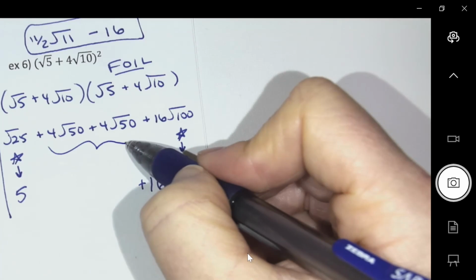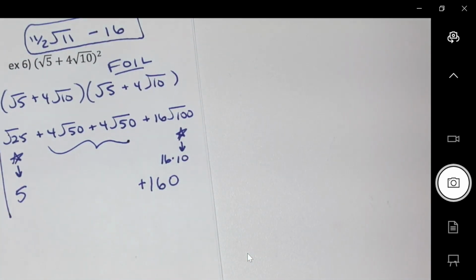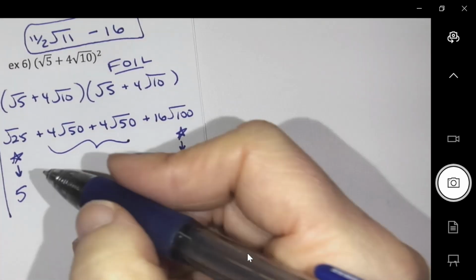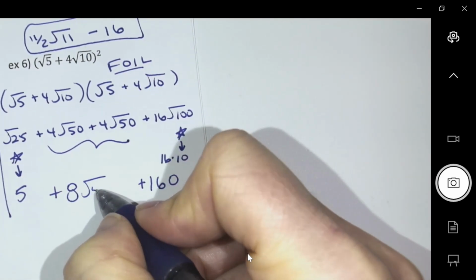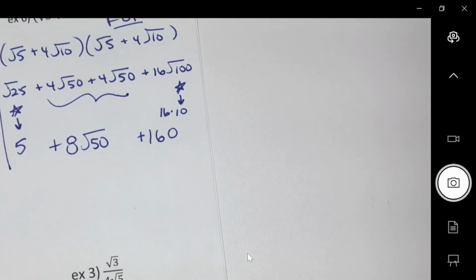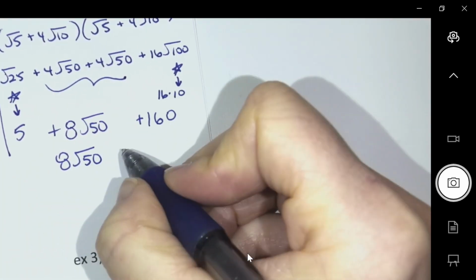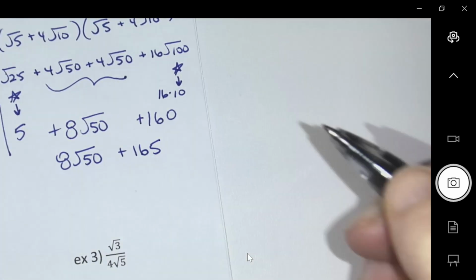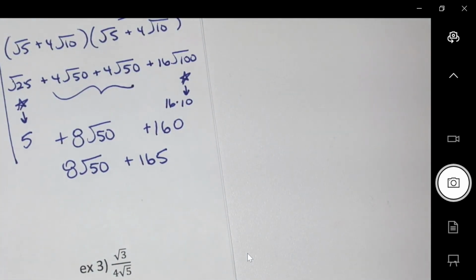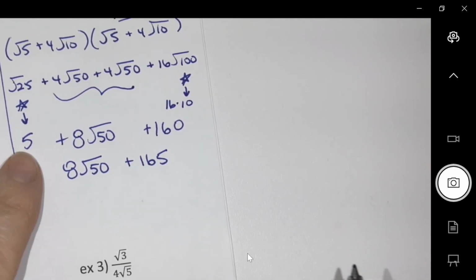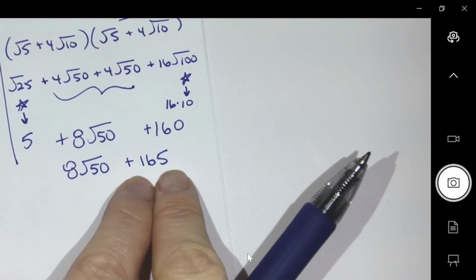And then what do you want to do with those? You can add them together, because you can put root 50s with more root 50s. So 8 root 50. And then that's what it comes to. Because I can now put this whole number with that whole number to be 165.